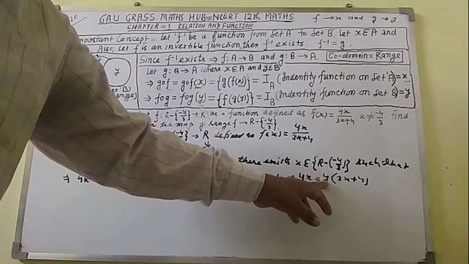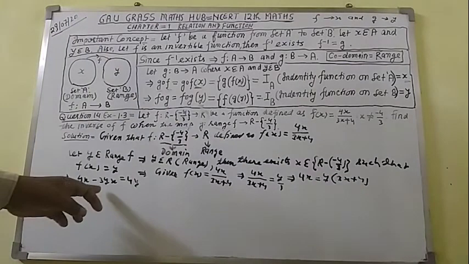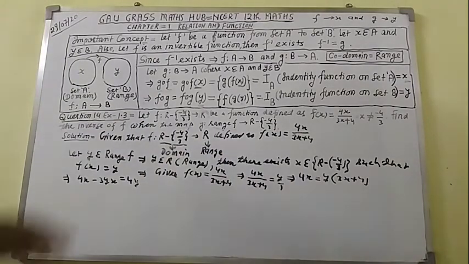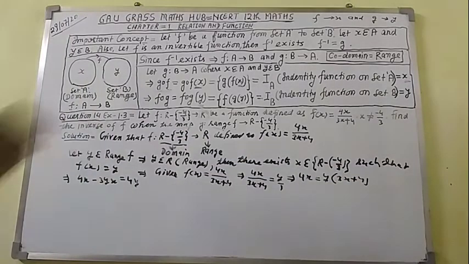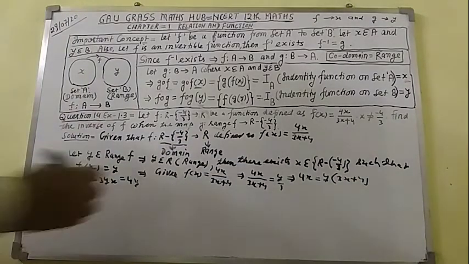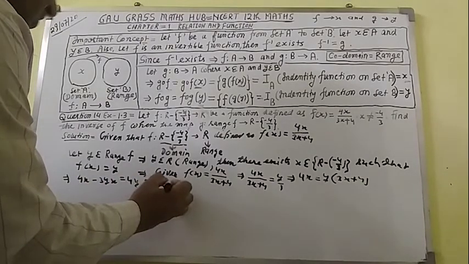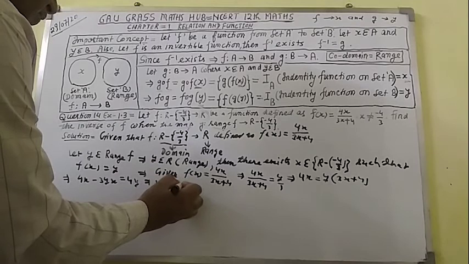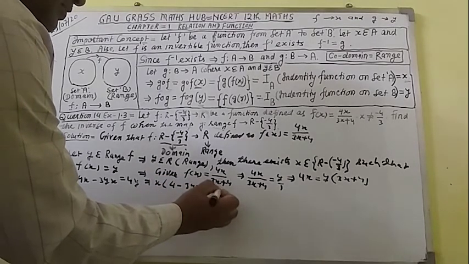So here you take x common, and this will become x(4 minus 3y) equal to 4y.